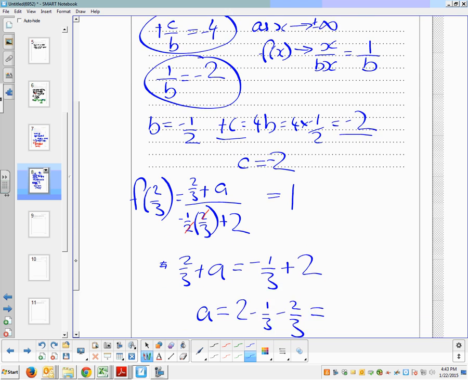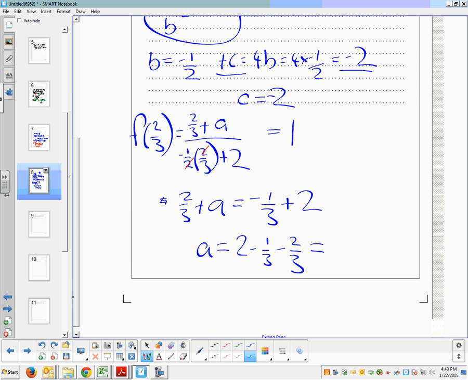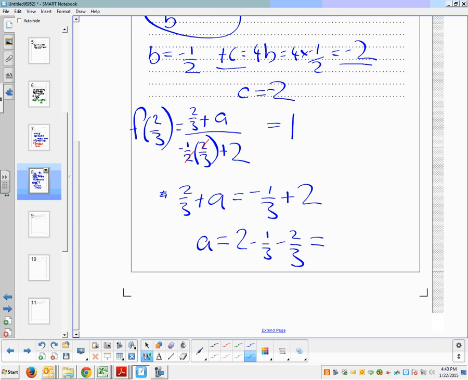Made a sign error. It's getting late. So that means that this is minus 2 there, it's minus 2 there, minus 2 there, it's minus 3.